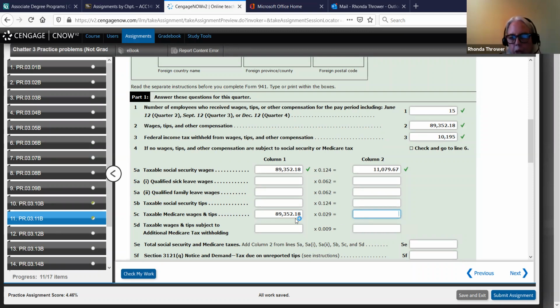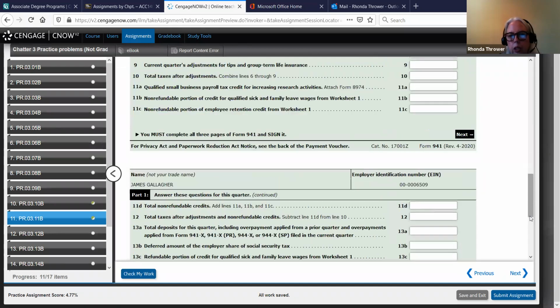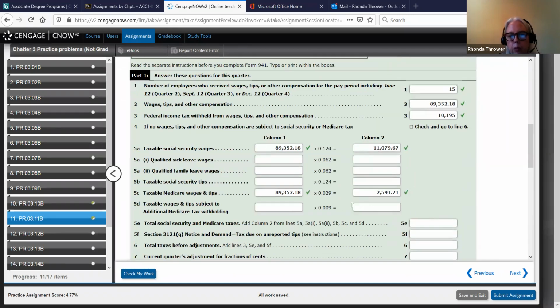And so you're going to multiply the 89,352.18 by 0.029, and that will give you $2,591.21. And that's a rounded amount that I got in my calculator. I'm going to check the work just to make sure that I've multiplied correctly, and I did. So this times this is this.